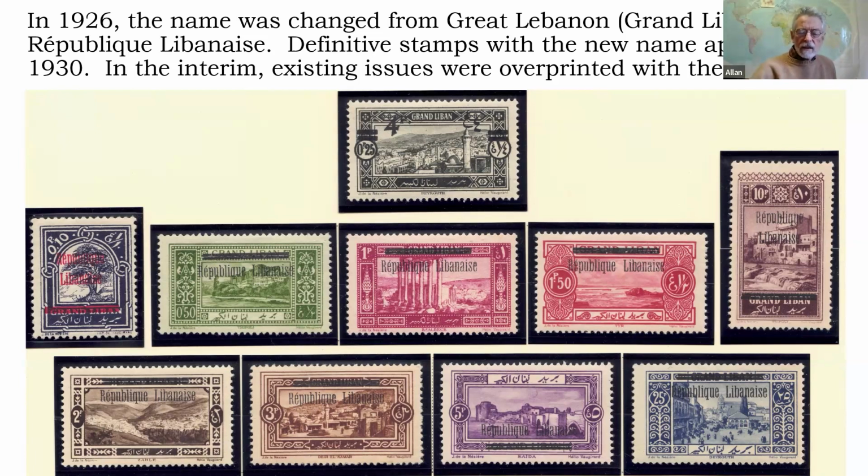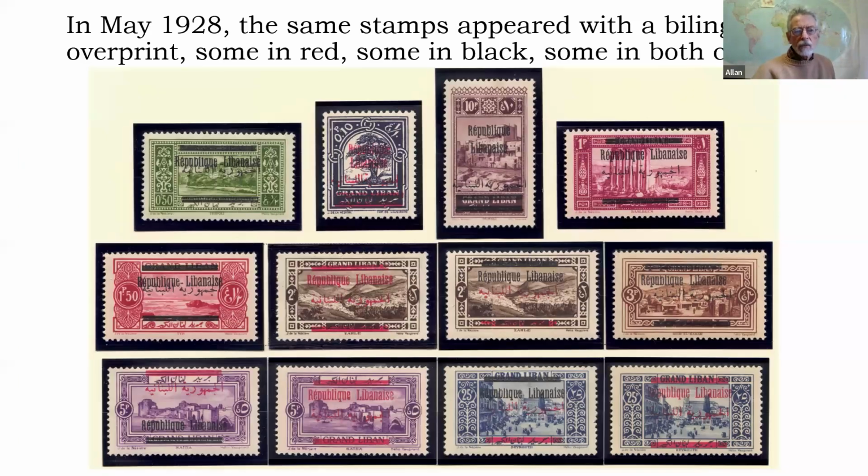And once again, originally the overprint was in French only, and then a second overprint was applied with French and Arabic. And more bars were added to cancel out the original inscriptions.